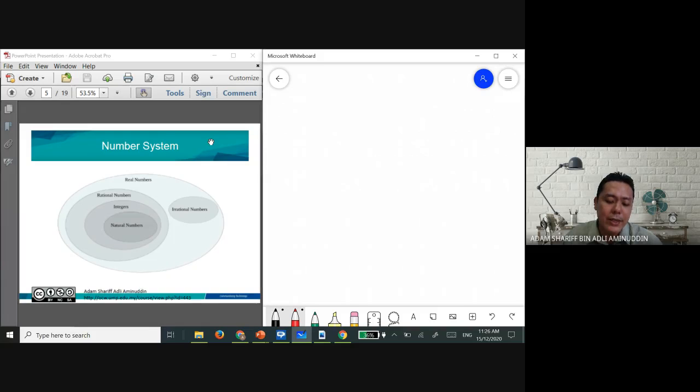the set which are mutually exclusive with real number is imaginary number. Imaginary number ialah contohnya, contoh imaginary number, sebab saya tak tulis imaginary number kat sini, adalah square root of -1.